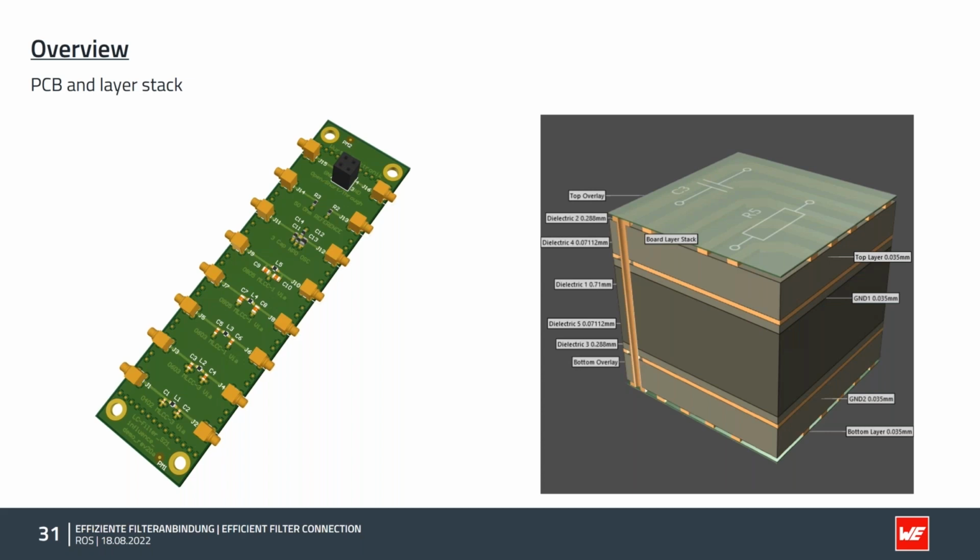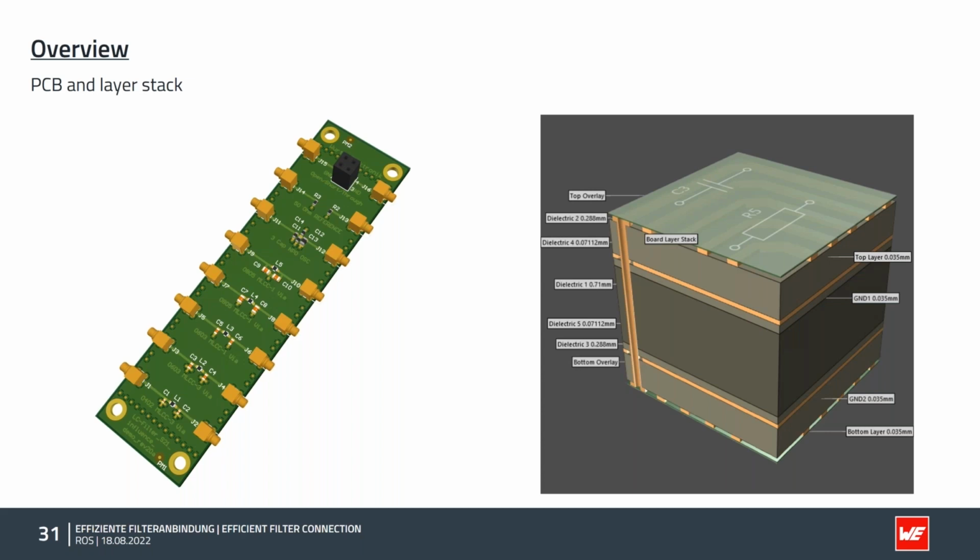The important thing is the top layer and the first inner layer, which is the reference ground of the system to reach the 50 ohm impedance for matching with the measurement equipment. All other layers, the second internal and the bottom layer, are at the same potential as the first inner layer and are ground.